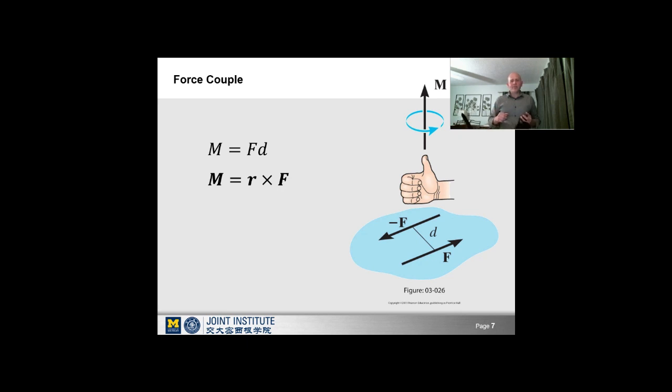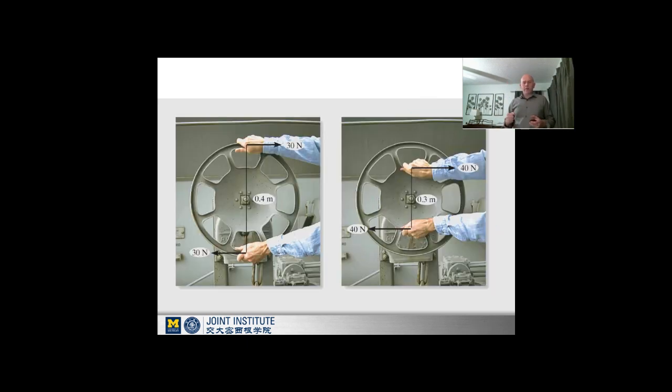So now, another way of thinking about that is that I have some axis of rotation about the center of this body, and I have d over 2 times F. But I have two of those, so I have F d, right? So that's another way of thinking about it with the R cross F notation. When we want to turn an object, like this could be a valve of some machine, we apply a force to rotate that object.